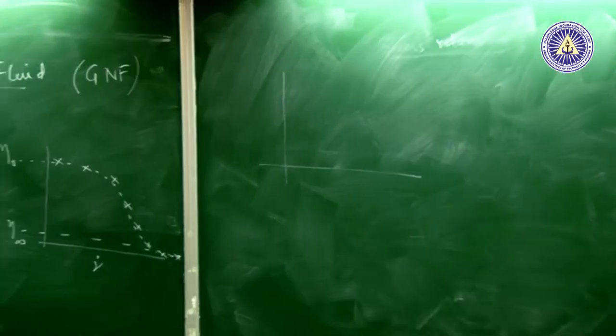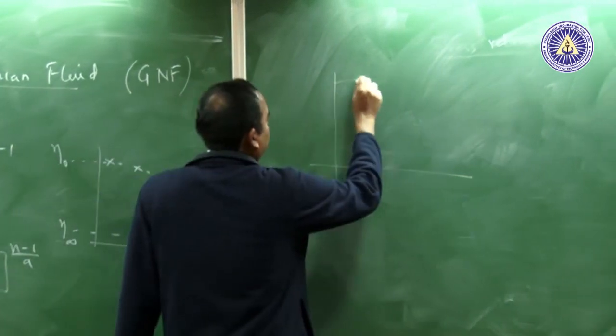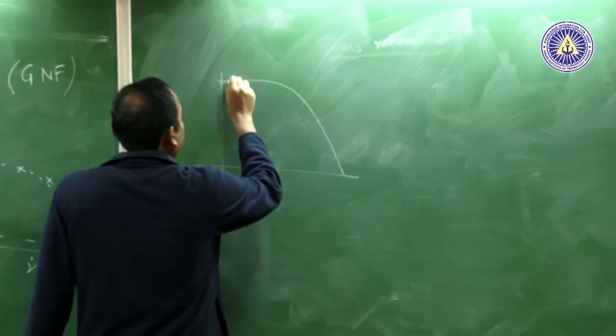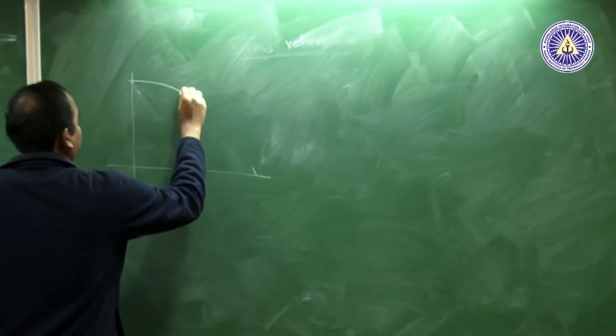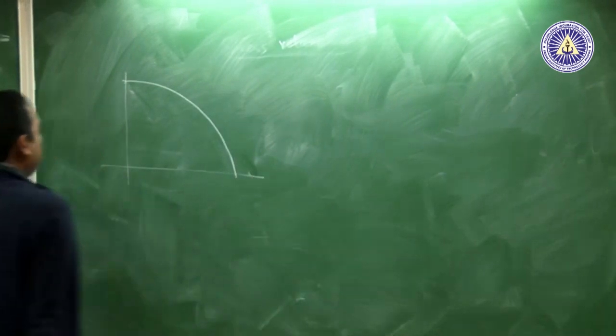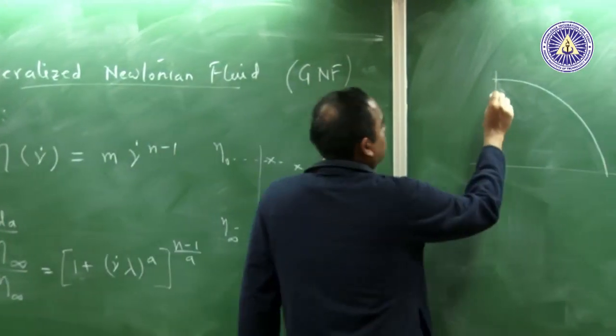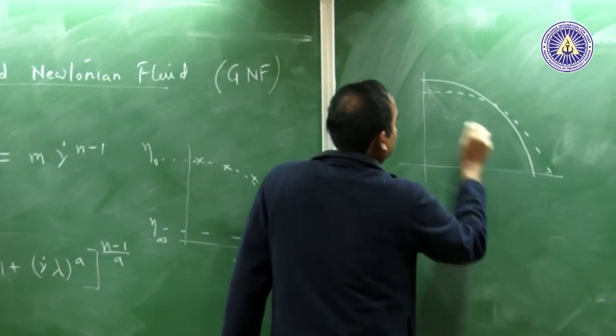in which the Newtonian model predicts a parabolic profile. Sorry, it is not really like a parabola, let me redraw it. When you use something like a power law, this profile would change to a flatter profile.